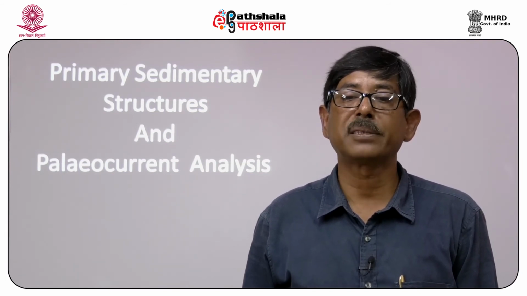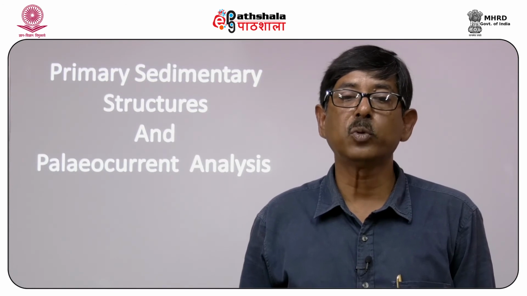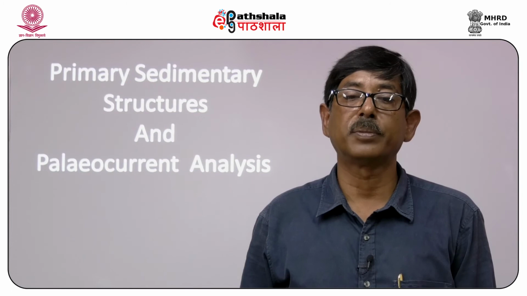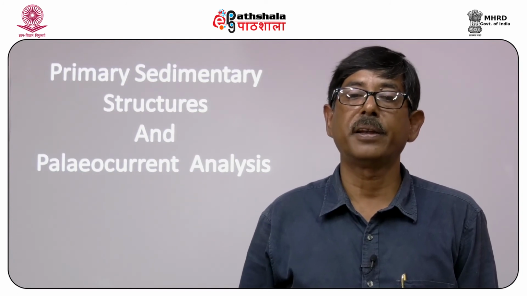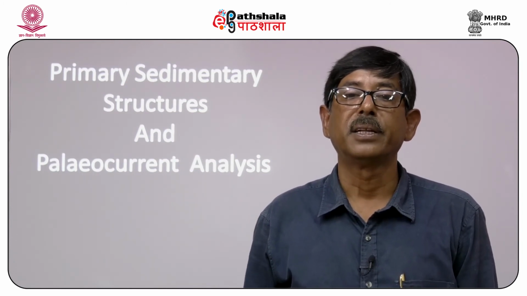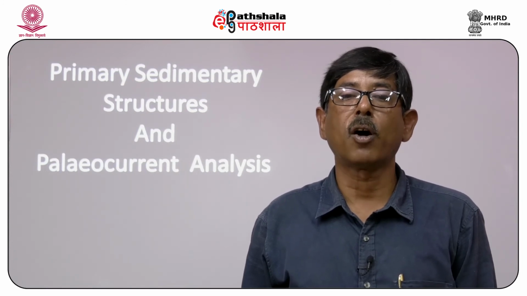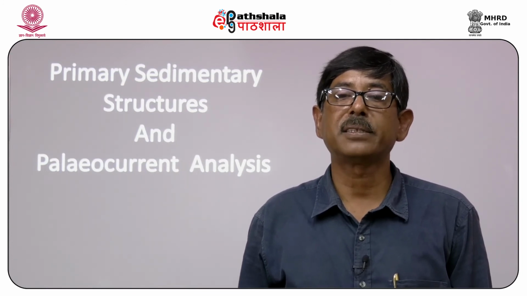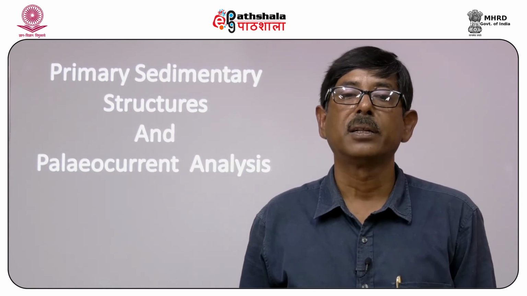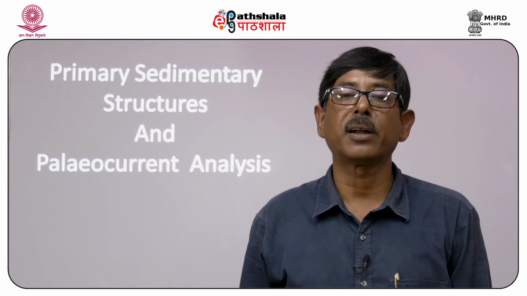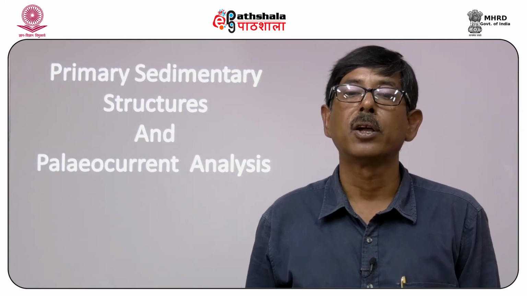The acute bisector of the two tangents drawn on the two arms of the traces of the troughs gives the reliable palaeocurrent direction. The lee of the ripple slope is also a good indicator of current direction. Besides, some erosional structures, for example flute casts, are also useful indicators of palaeoflow direction.